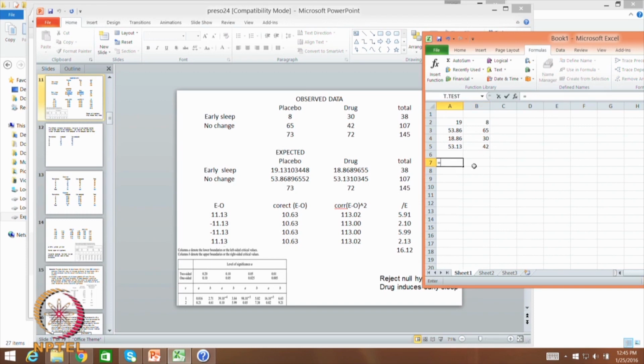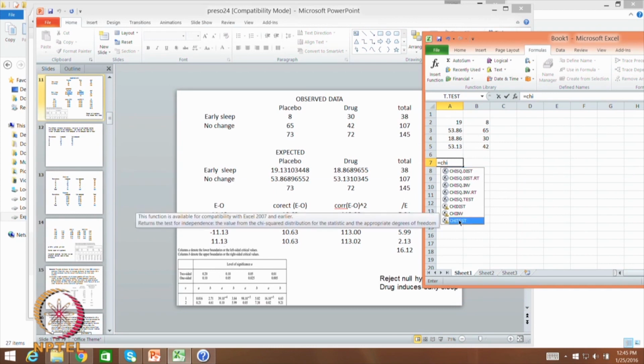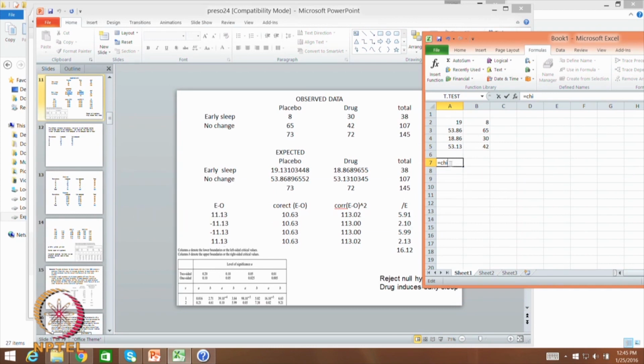So I can use the chi-square test, the chi-test function, with actual, that is observed, versus expected.